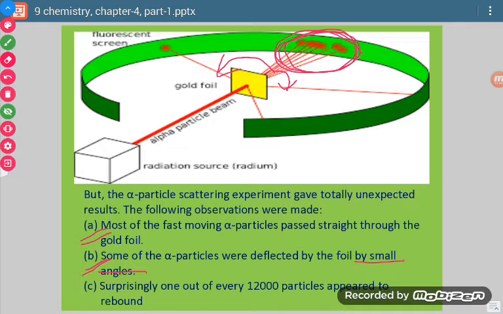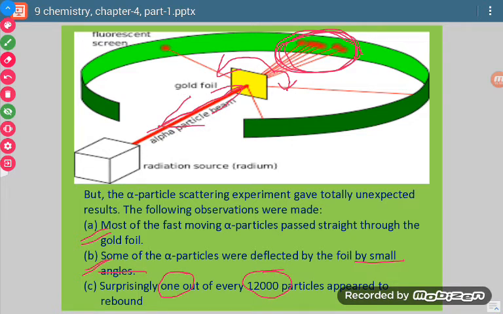The third point is that if we throw 12,000 particles, then out of 12,000, one particle came back, or got deflected by a very large angle. This may happen: it has gone like this, and in the same way it has returned.